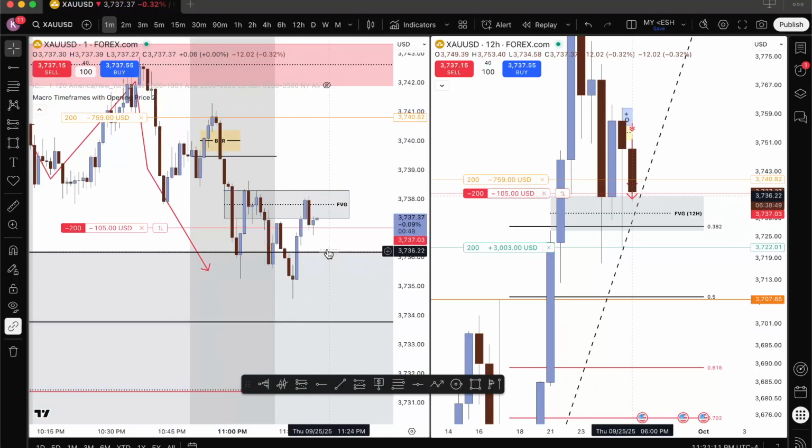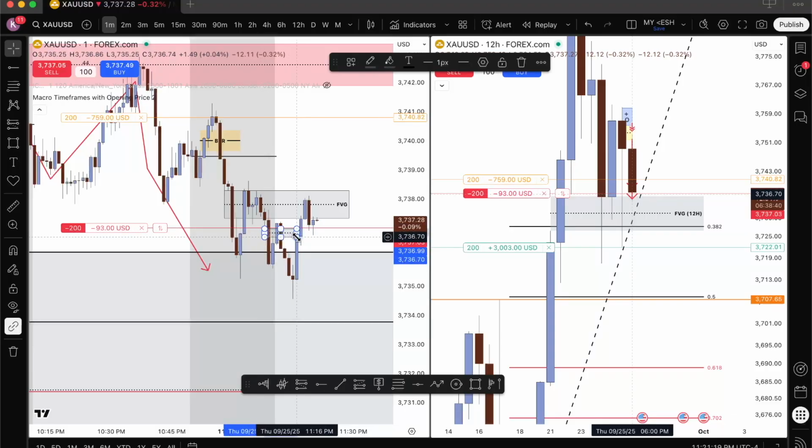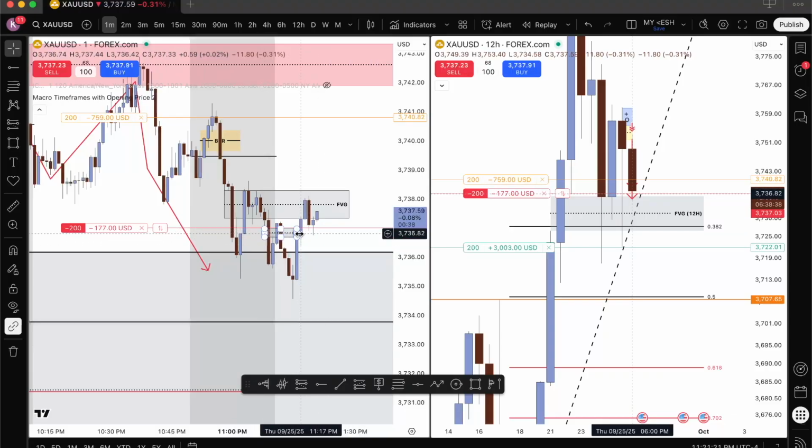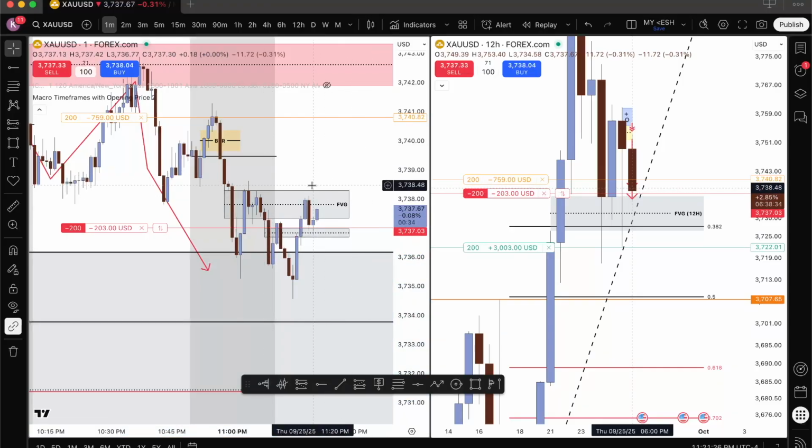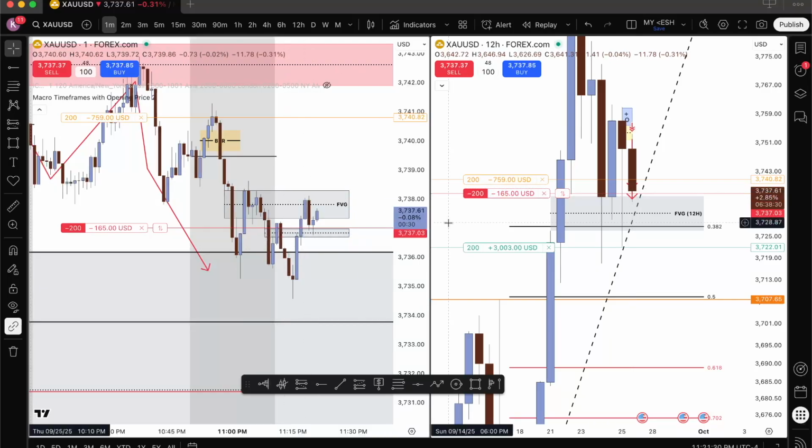See how it's starting to respect this. So one thing I'm seeing is kind of a small sell side imbalance right here. Probably starting to respect that. Looking more like a liquidity sweep at this level.